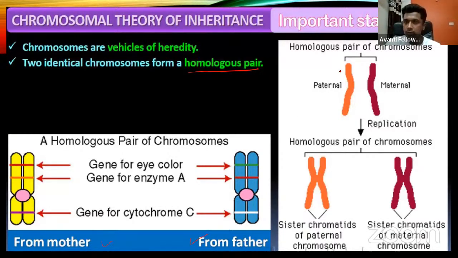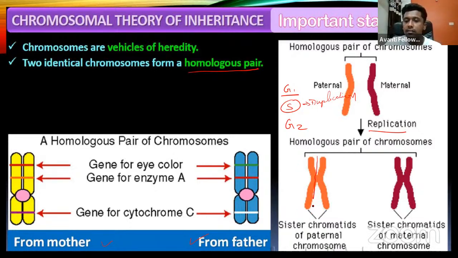These homologous pairs, paternal and maternal, replicate. After cell division we have the G1, S and G2 phases. After the growth phase, we have the synthesis phase where there is duplication or replication. Look here, these will become sister chromatids. So these are called sister chromatids.